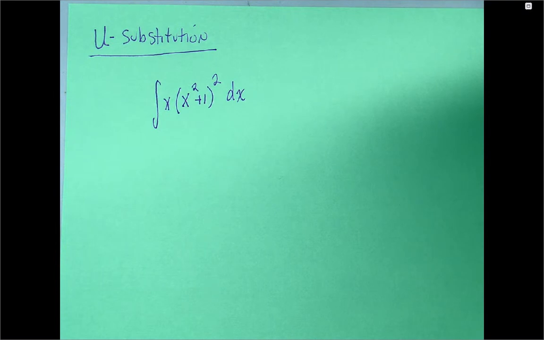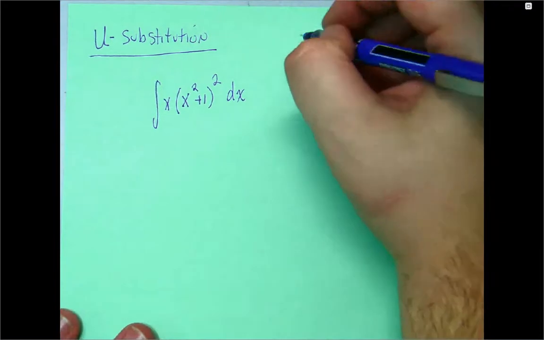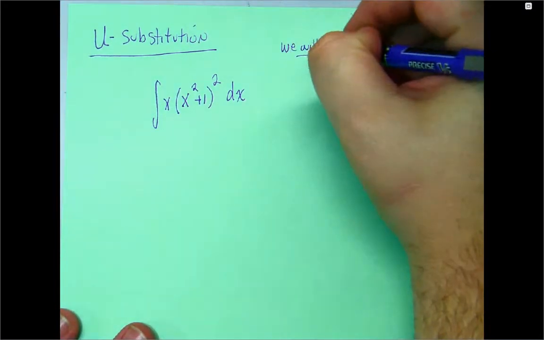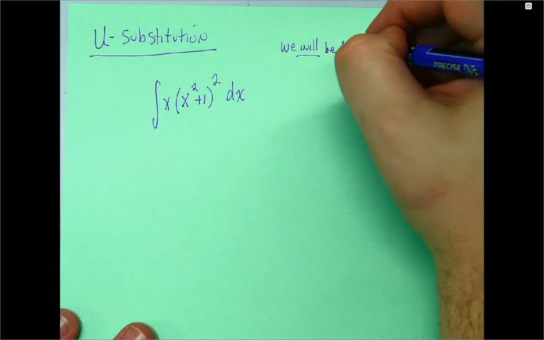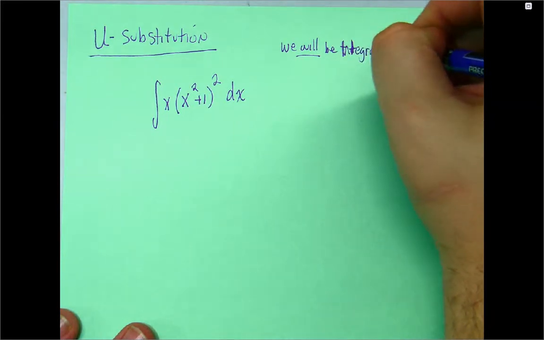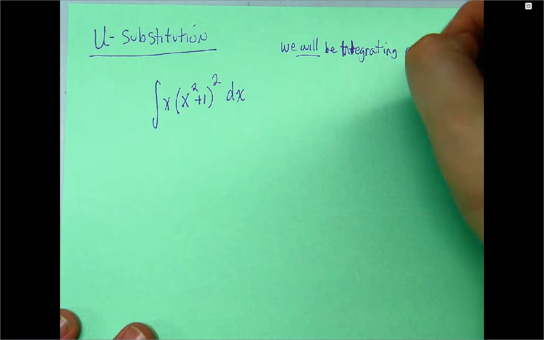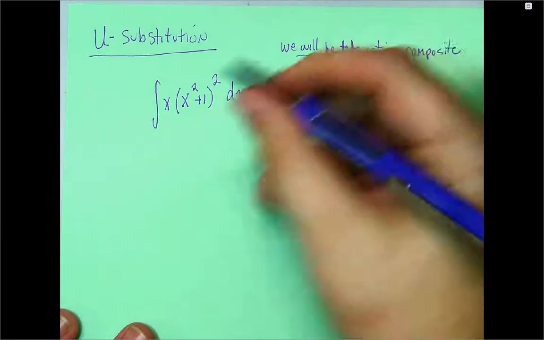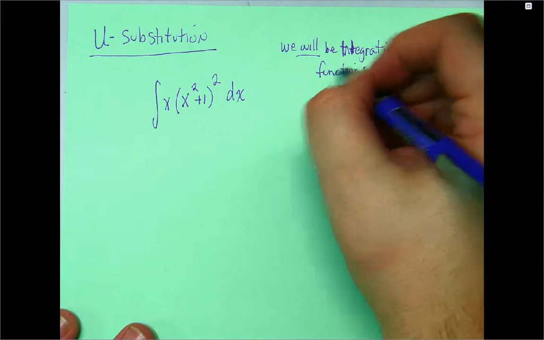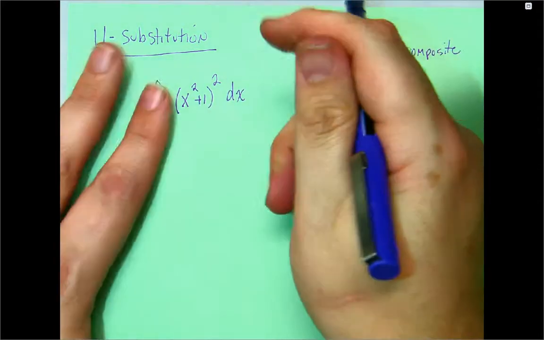Now, this idea of u substitution comes from the fact that we will be integrating composite functions. This guy's a composite function.